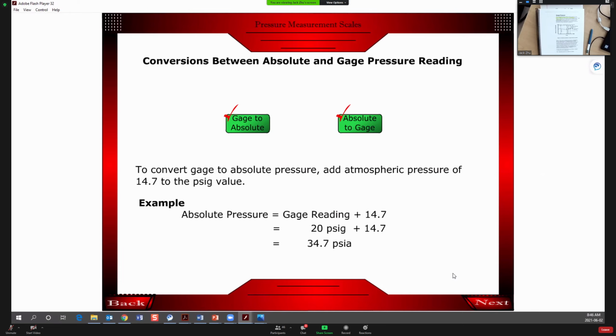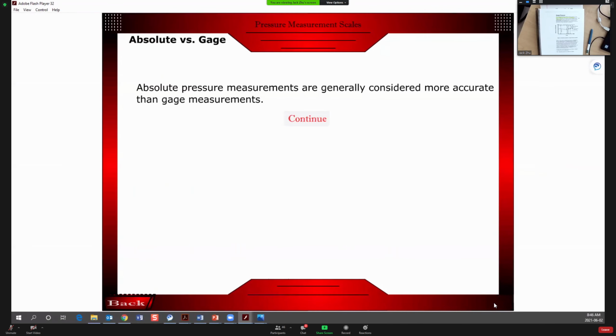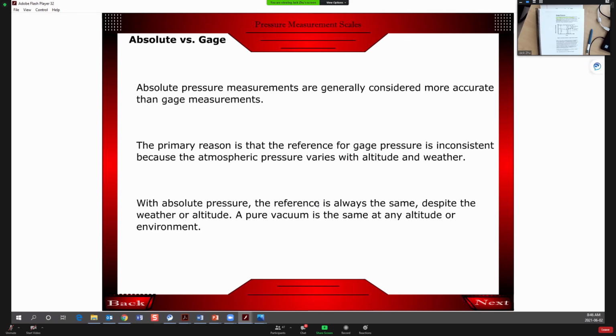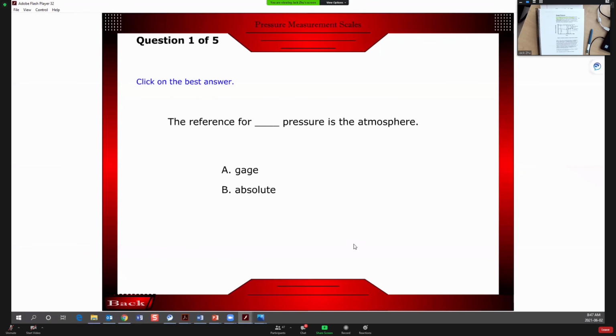Basically for the calculation, I think they give you the formula. So A or B? A, good.